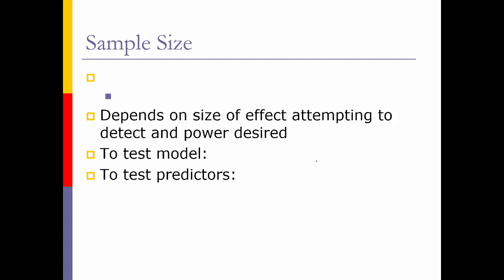So for sample size, how big of a data set do we need to be able to test the model and to test the predictors? Essentially, a very basic rule is 10 to 15 cases per predictor.